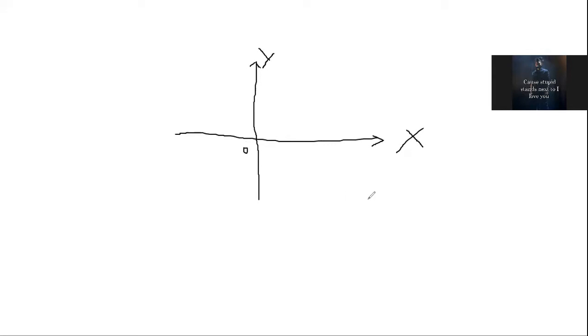If that is 0, then reflection in the line y equal to 0 is going to lie on the horizontal axis.